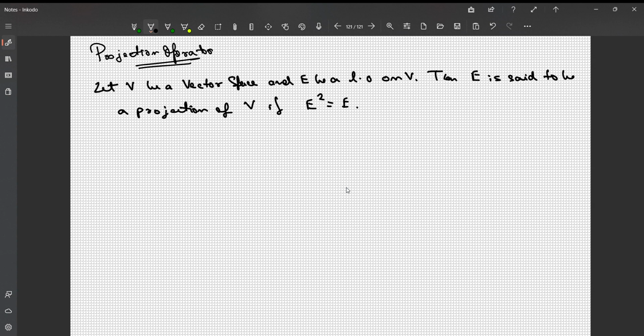So this is the definition of a projection operator. It's basically a linear operator which satisfies the condition that E squared equals E. That's indeed a projection operator.